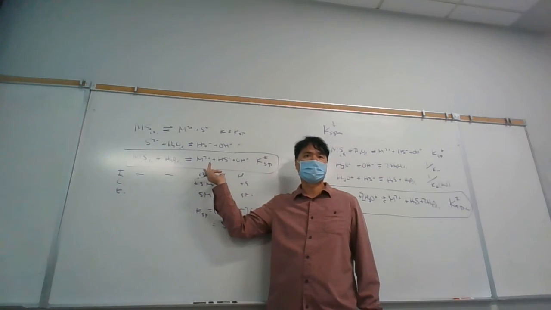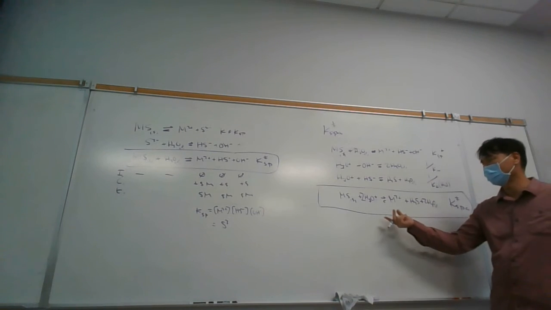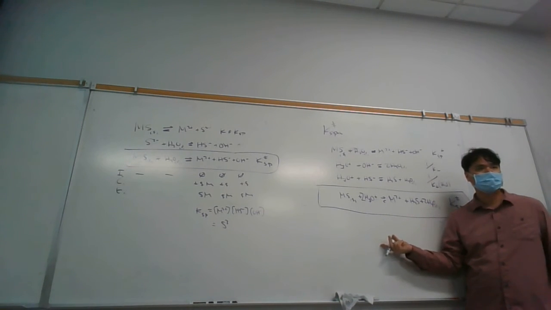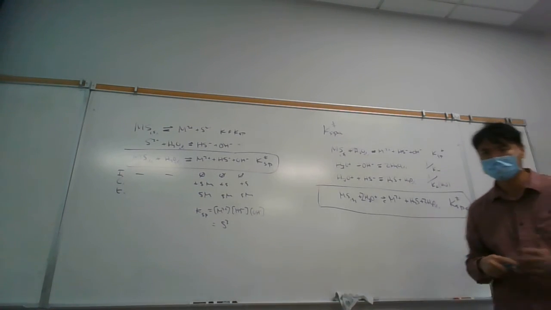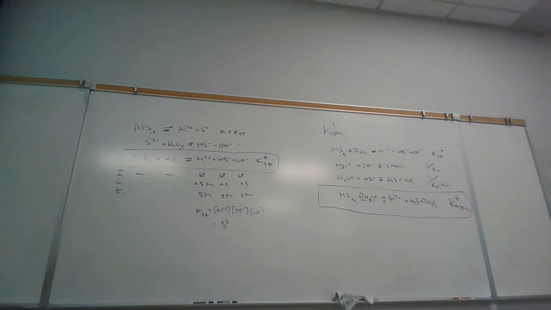That would be KSP double dagger. KSPA double dagger would be what is the solubility at different pHs. And so sulfides are a little bit different, and we have to remember that.